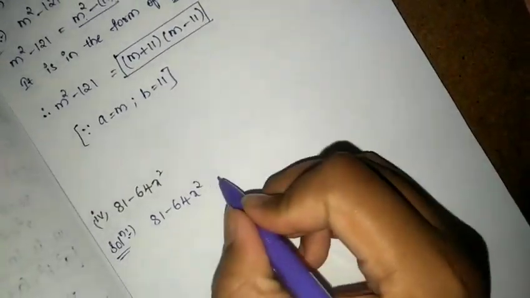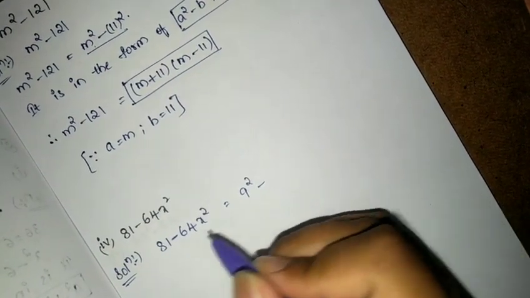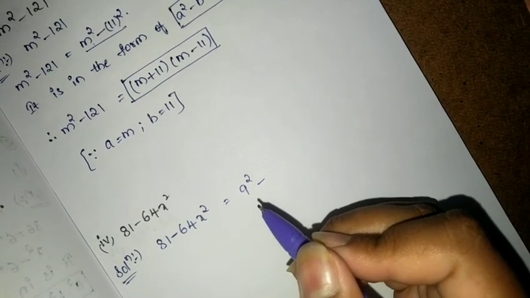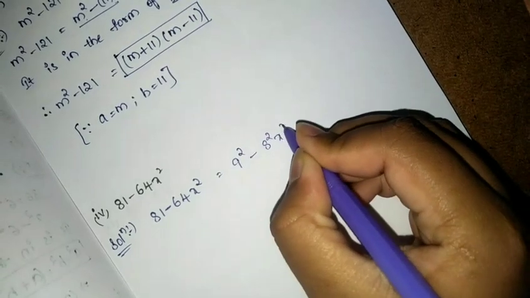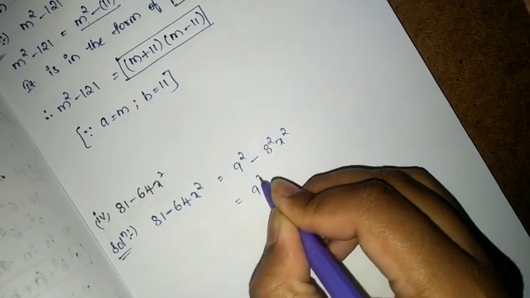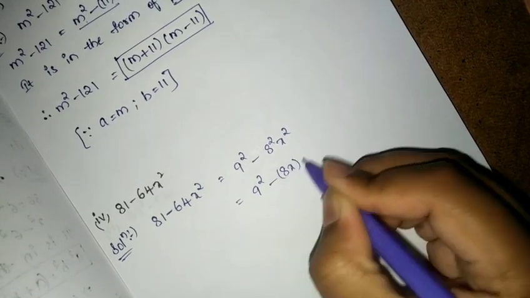Here 81 we can write as 9 square and 64 we can write as 8 square, 8 eights are 64. So 8 square x square. We can write it as 9 square minus (8x) whole square.